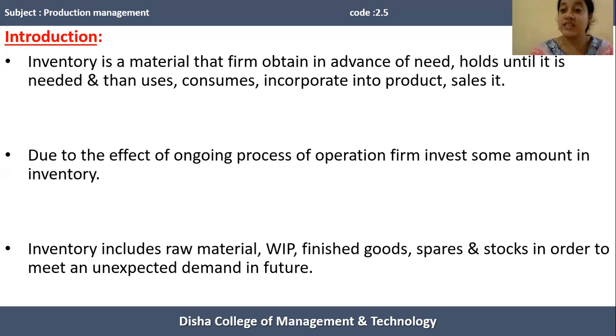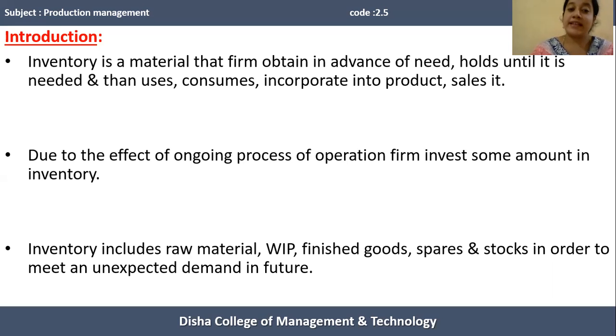Inventory does not mean a particular item. Raw material alone doesn't define the concept of inventory. Inventory includes raw material as well as WIP, finished goods, spare parts, stocks, in order to meet the unanticipated demand that arises in future.